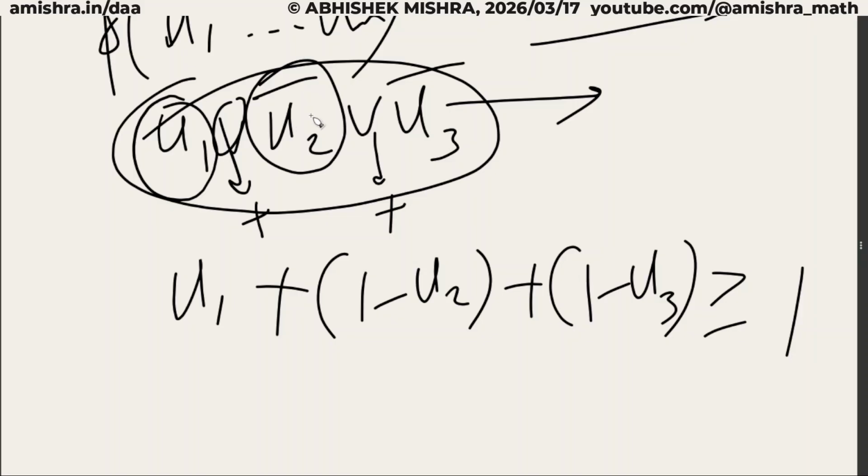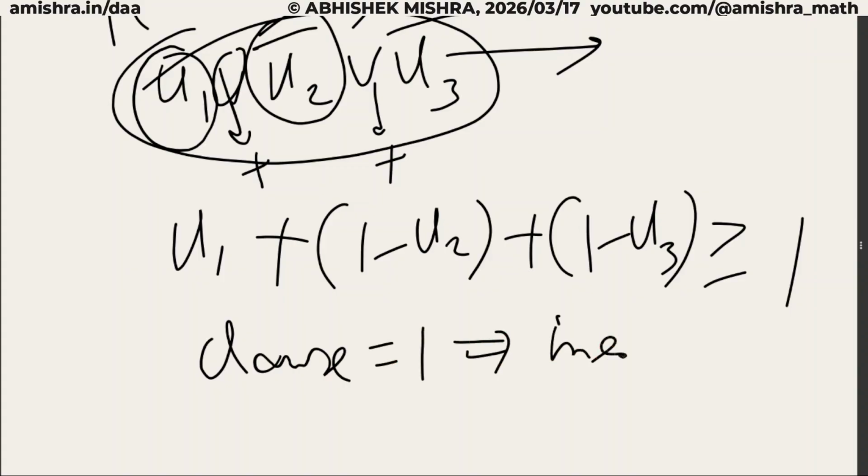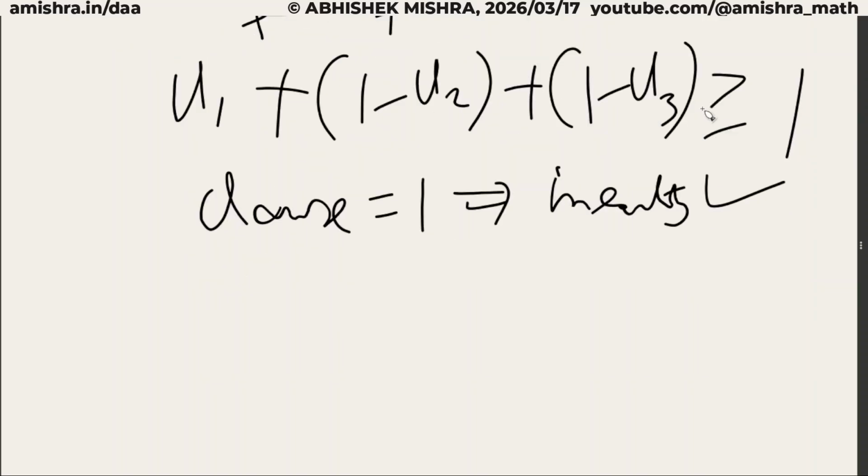Second possibility, suppose not u2 is 1, meaning the value of u2 is 0. If you put 0 here, 1 minus 0 is 1 and again the inequality is satisfied. So we get that clause equal to 1 implies the inequality is satisfied. Now the opposite direction as before: if the inequality is satisfied, then the clause is true.